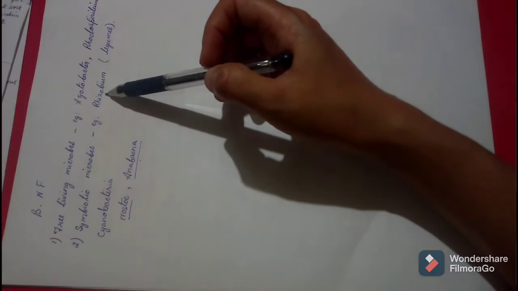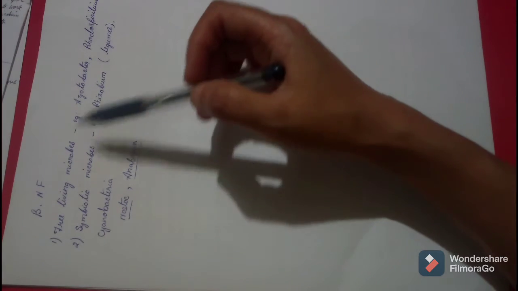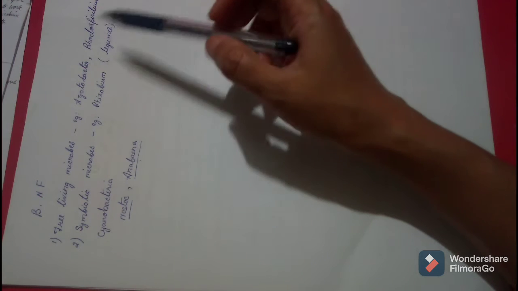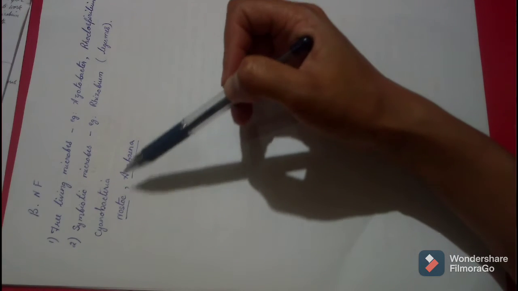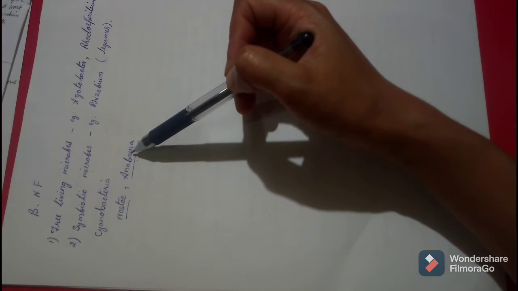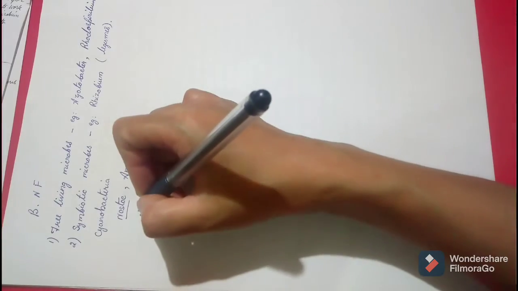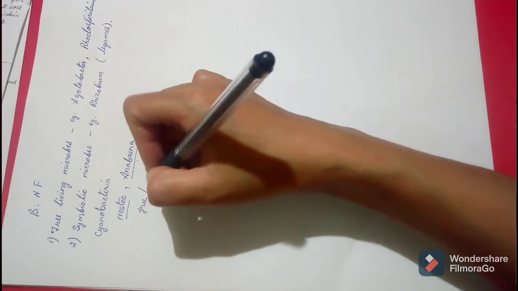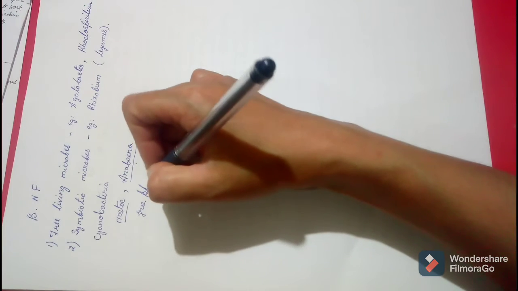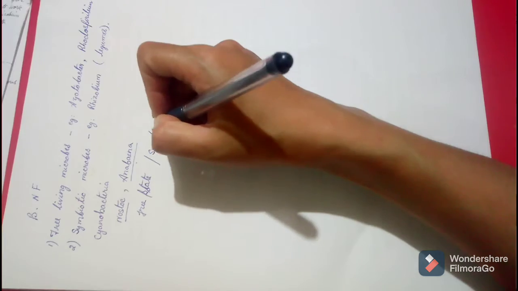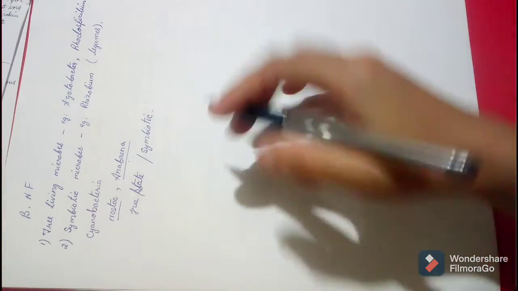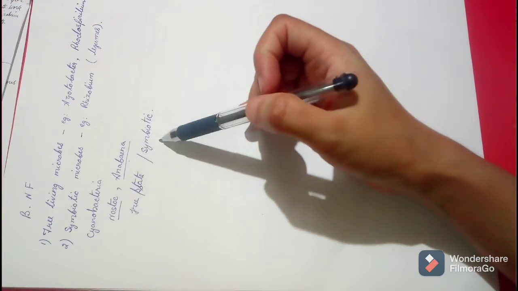Whereas this type of bacteria forms a symbiotic relationship with the leguminous plant and fixes the nitrogen. But bacteria such as Nostoc and Anabaena are examples of bacteria which can fix nitrogen in their free state as well as in their symbiotic state. So I hope it's clear till this part.